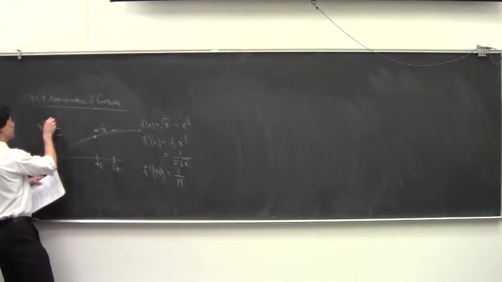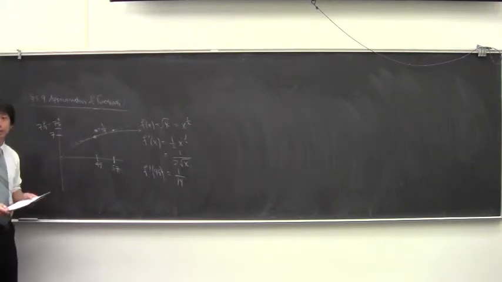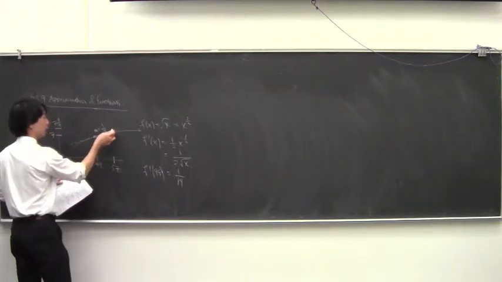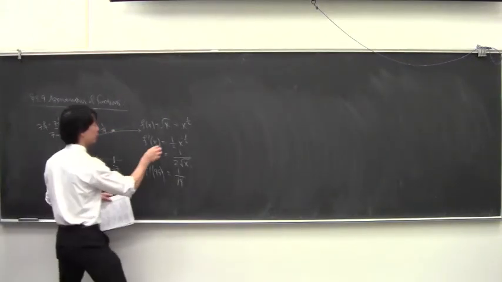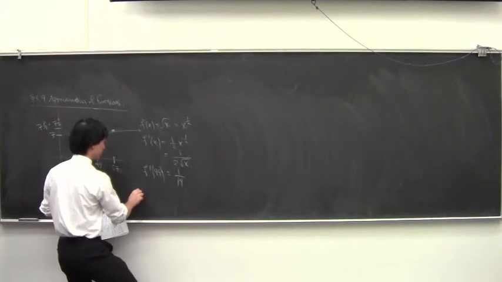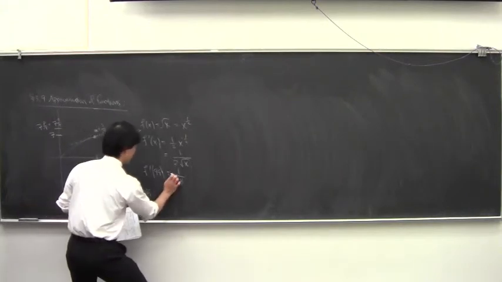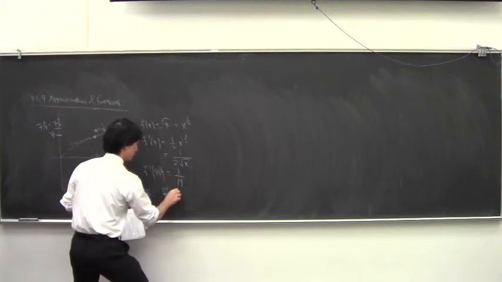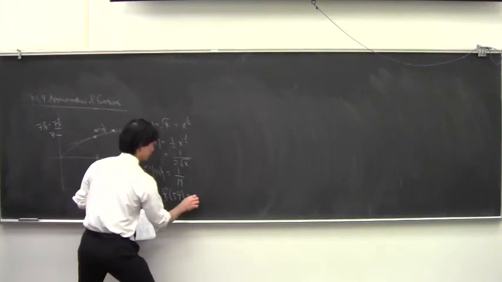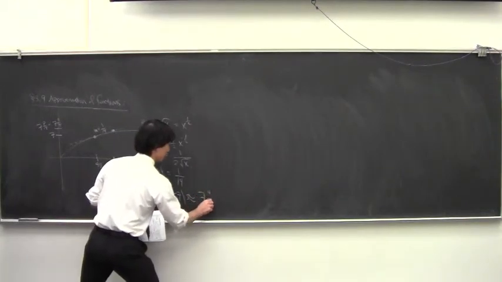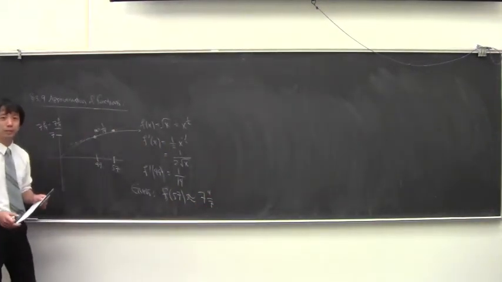Let's just say 7 and 4/7. So that gives you your guess. Your approximation is that f at 57 is something like 7 and 4/7, and we just saw that's pretty close.